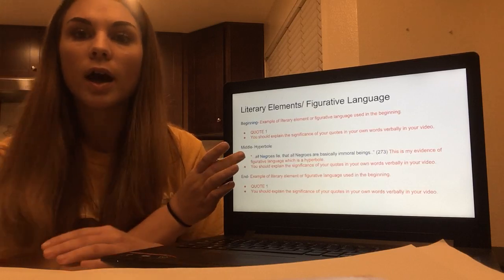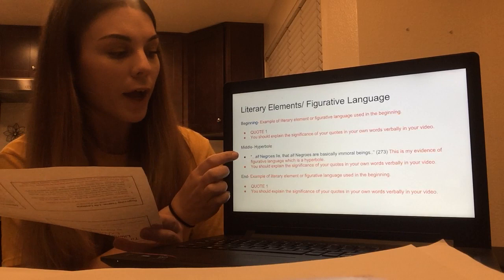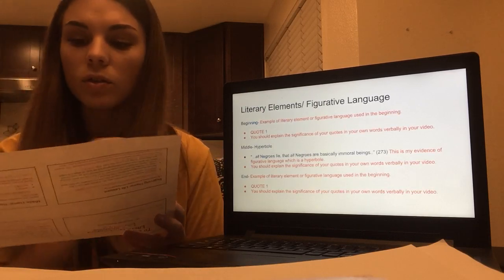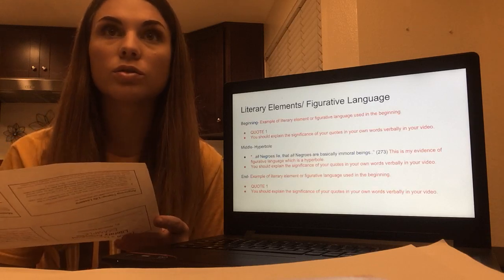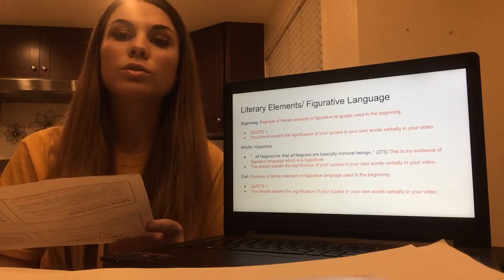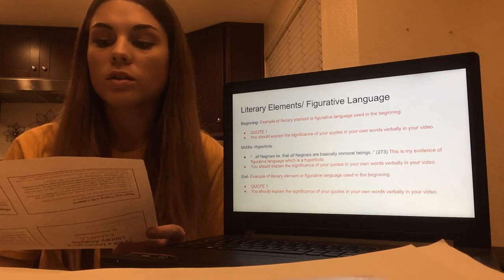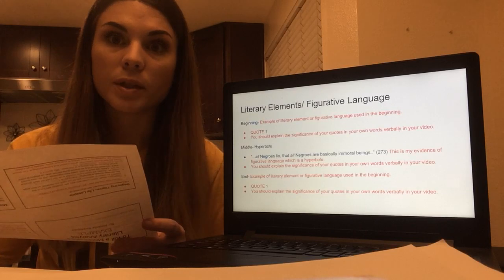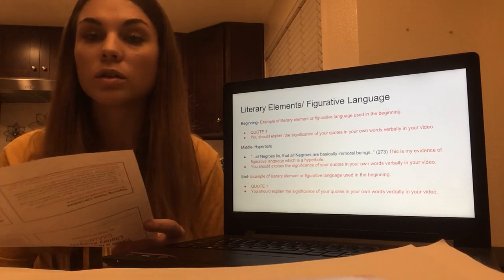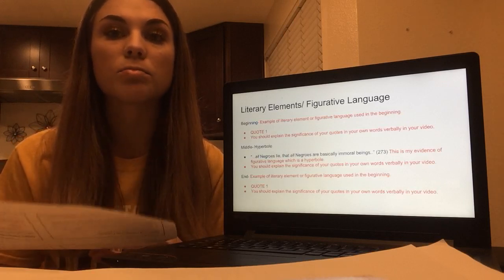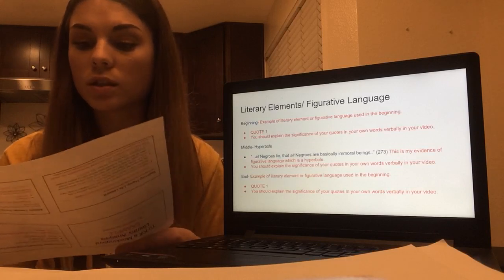Okay, and then middle, I gave you guys this example in class. I found an example of a hyperbole in the middle. This is Atticus speaking in the court case, and he is kind of trying to persuade the jury to do the right thing and not follow the crowd, basically, not follow the ways of Maycomb County and convict an innocent man simply because they are racist and most of the town is racist.